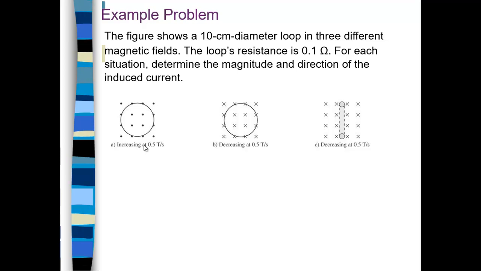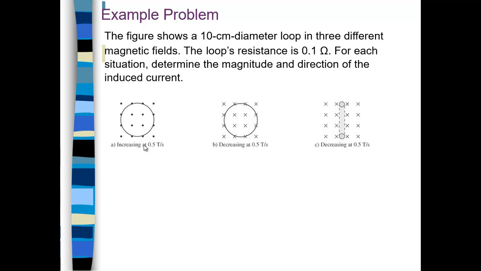Because your magnetic flux is decreasing, the opposing magnetic flux is going to go in the same direction. So the current is moving clockwise. None of the parameters have changed, so you don't need to recalculate. It would be 0.0393 amps, going clockwise just as it was in A.